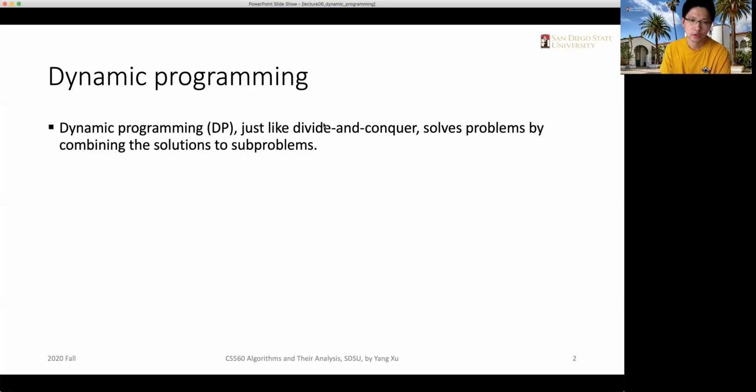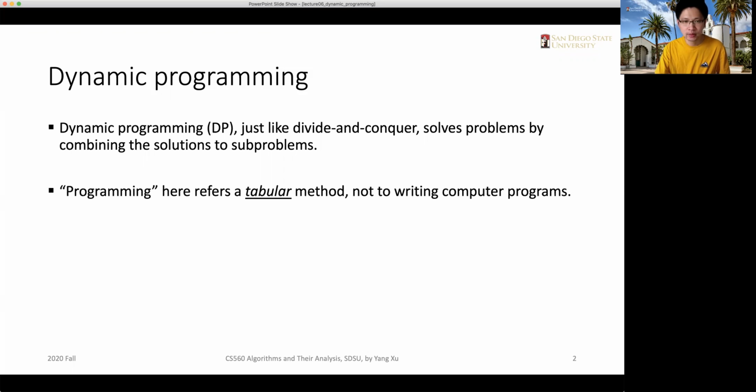Okay, the similar place is that they solve the problems by combining the solutions to the sub-problems.